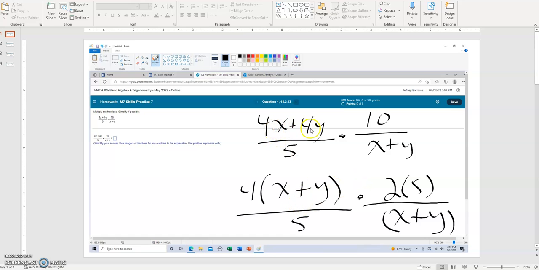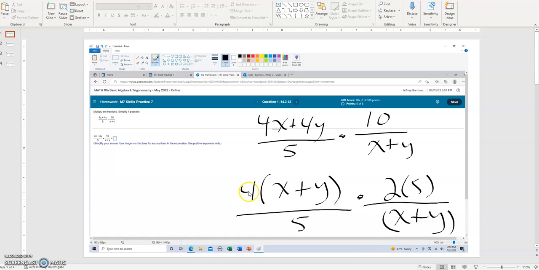So what I have done here with 4x plus 4y is I've taken out the common factor of 4. And with the 5 and 10, obviously 5 is prime, but I wrote 10 as 2 times 5. So before I would even start multiplying here, I would cancel the x plus y here with the x plus y in the denominator, and I would cancel the two 5s.